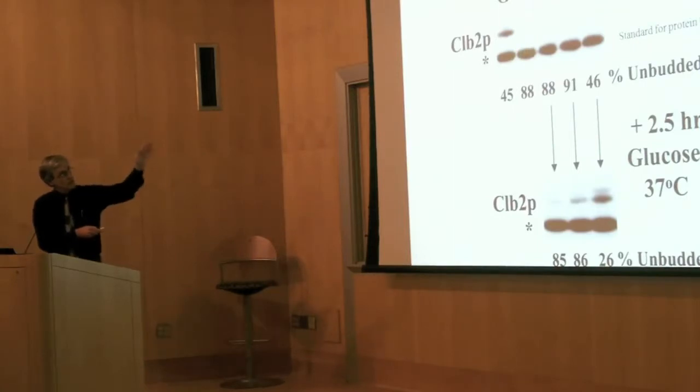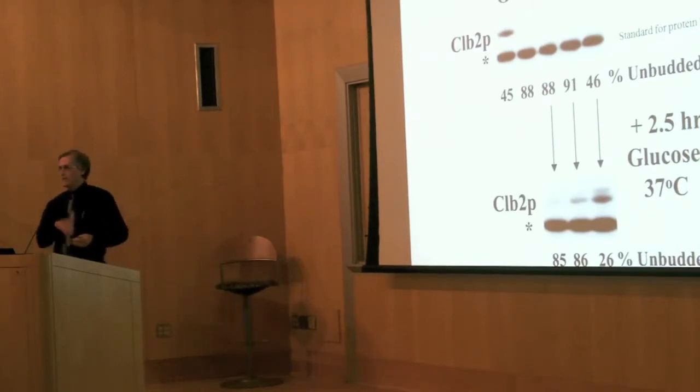After he catches them all in G1, then he switches them to raffinose plus galactose for no time, or a half an hour, or 1 hour. When they're growing for this short period of time in galactose, they synthesize Clin-3. If it's a half an hour, they synthesize a little bit of Clin-3.